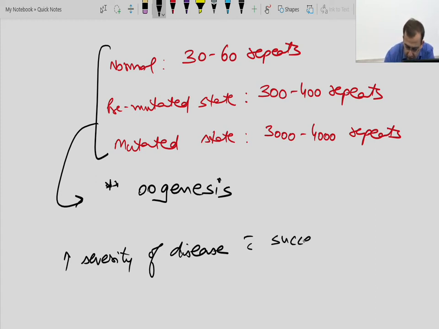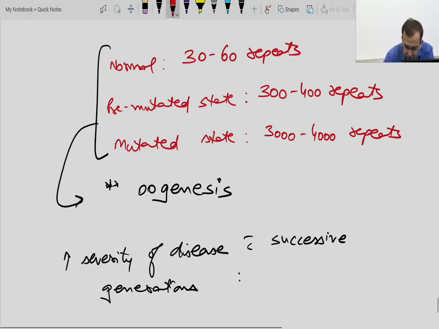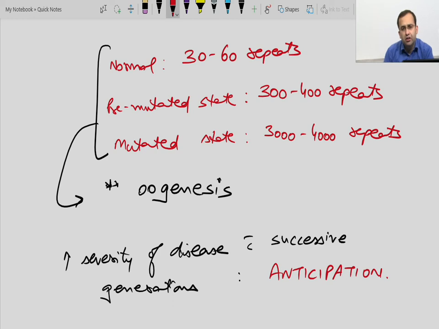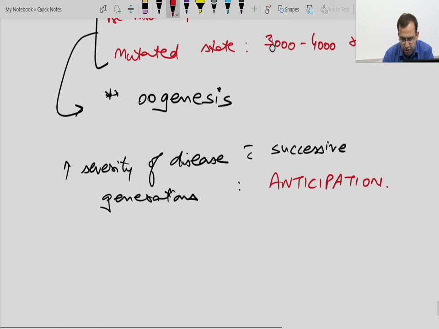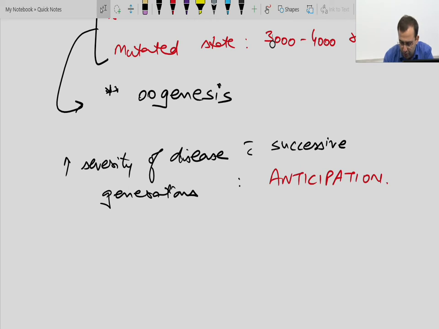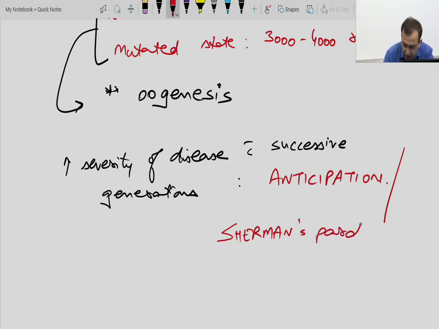Increasing severity of the disease with successive generations is called anticipation, or Sherman's paradox.